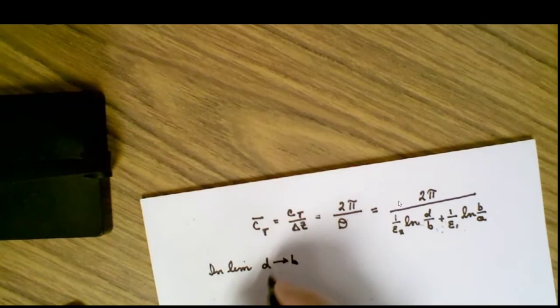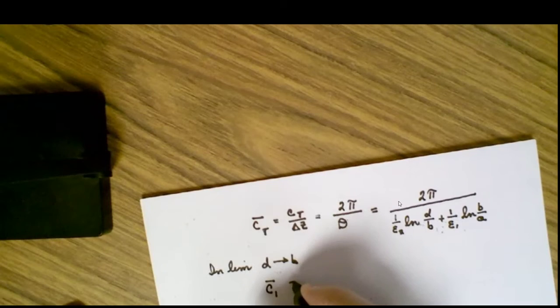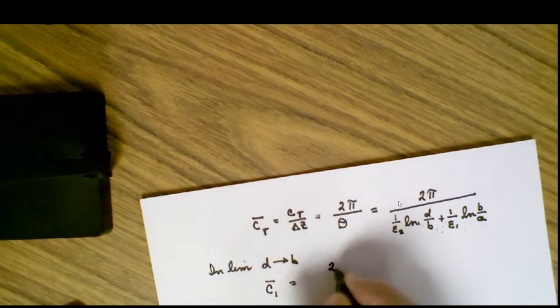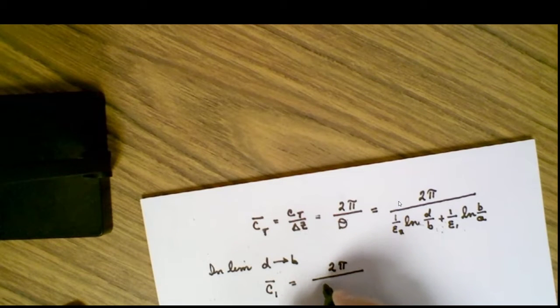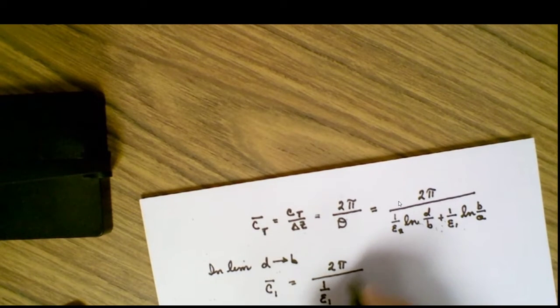Let us define this capacitance per unit length as C1, and that's going to be equal to 2 pi over the permittivity of region number 1 times the natural log of b over a.